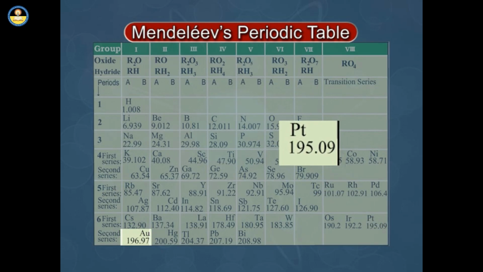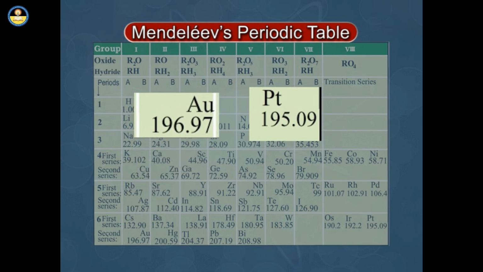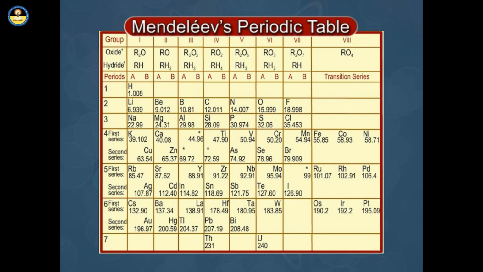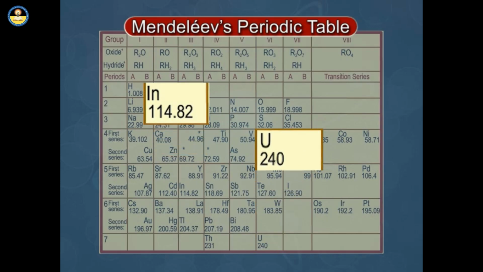Later on, it was found that atomic mass of platinum was 195.09, which was lower than that of gold, 196.97. In a similar way, atomic masses of indium and uranium were also corrected.